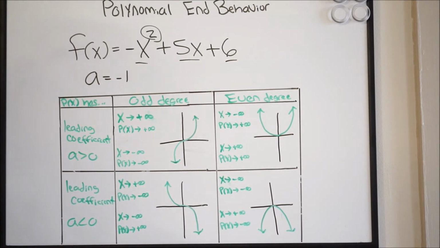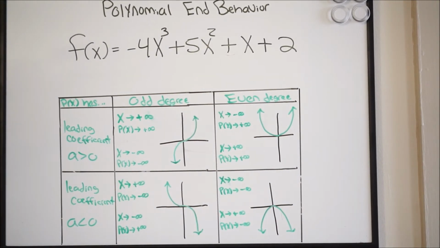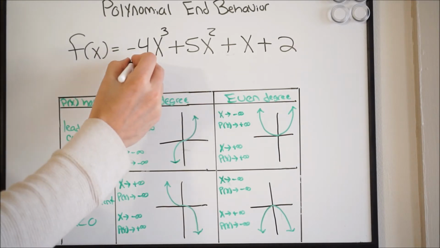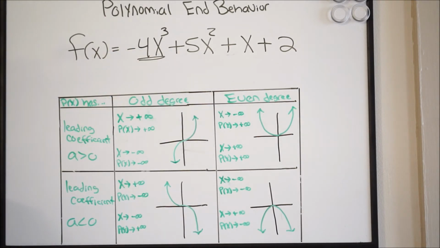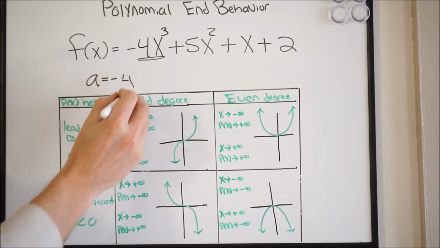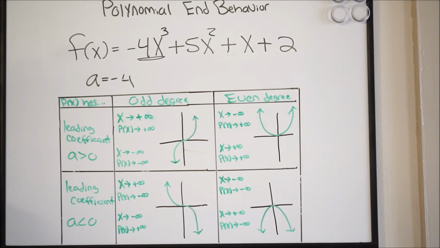Let's try another one. Here we are given another function, and we need to determine the leading coefficient. Same thing, it's going to be the coefficient of the term with the highest degree. In this case, we're looking at this term right here, and that means my leading coefficient, my a value, is going to be -4. Knowing that, we're going to use our table.